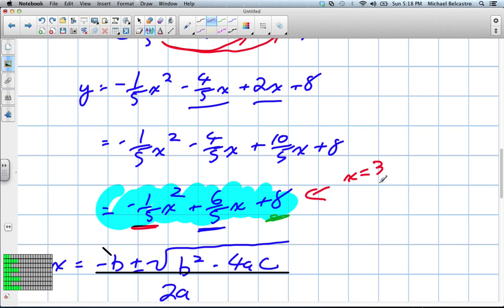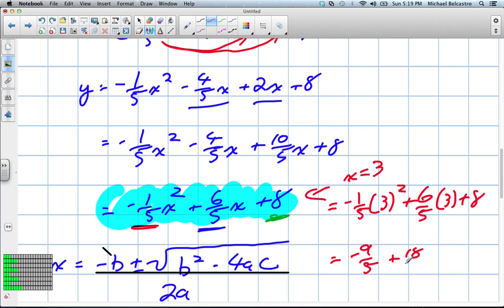When x is 3, what is y? So we plug it into this. I'll do it on the side quickly. Negative 1 over 5 times 3 squared, plus 6 over 5 times 3, plus 8. A lot of work for this one, eh? 3 squared is 9 times negative a fifth is negative 9 over 5. This becomes 18 over 5.